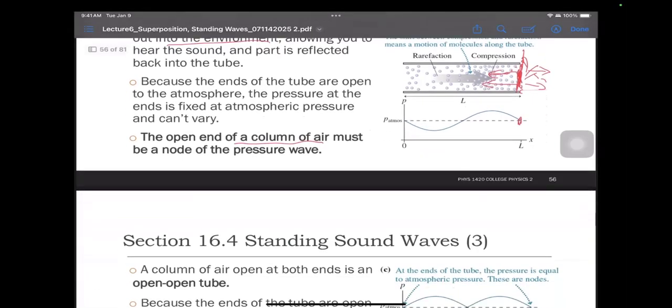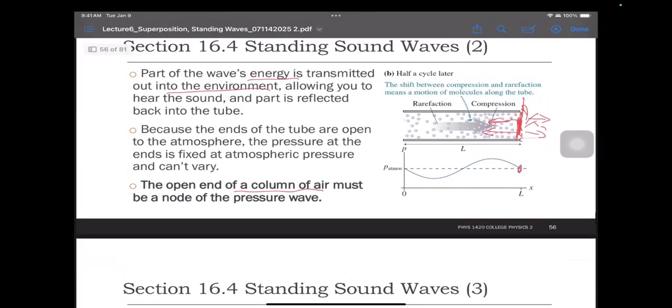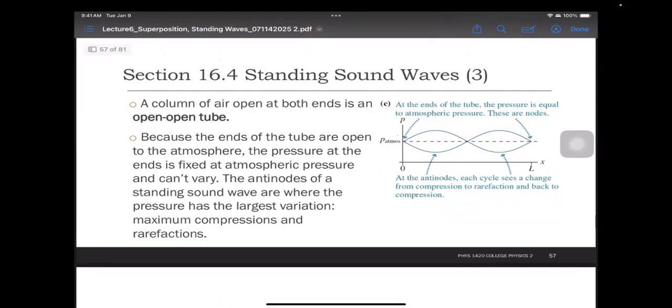A column of air open at both ends is an open tube. If this end is open and this end is open, we call it an open tube. Because the ends of the tube are open to the atmosphere, the pressure at the ends is fixed at atmospheric pressure and cannot vary.